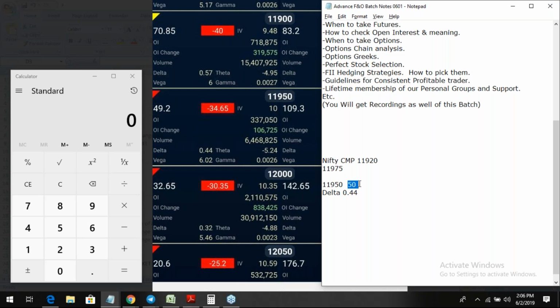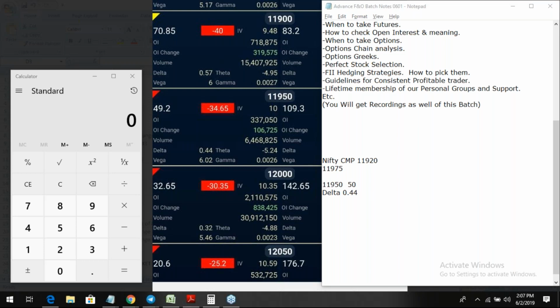If Nifty goes to 11,975, what will be my premium rate? Delta is 0.44. Everyone getting?